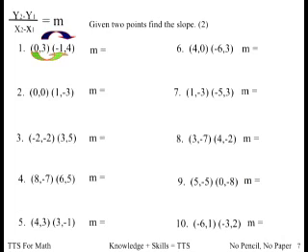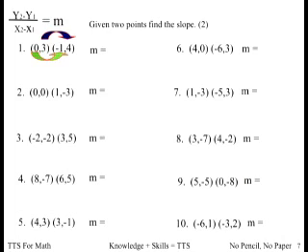So you have to know that it's the change in y over the change in x. The y is on top and the x is on the bottom. That's why we only have to write m equals and a divide, and all you have to figure out is what goes on top and what goes on bottom. And if you remember that it's y on top and x on the bottom.